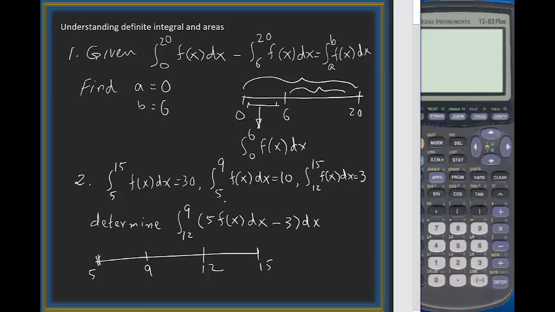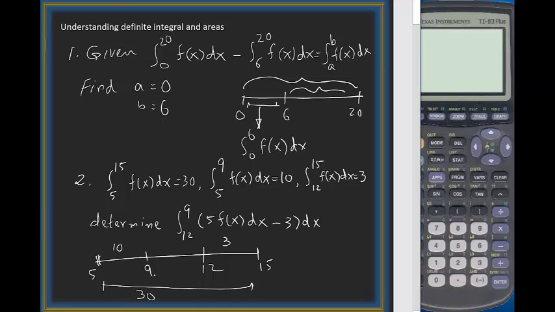5 to 9 is 10. And then we have 12 to 15, which is 3. And then 5 to 15, the whole thing, is 30.